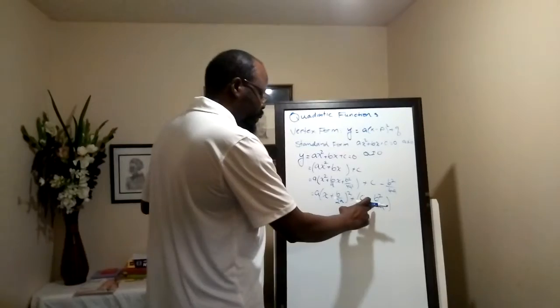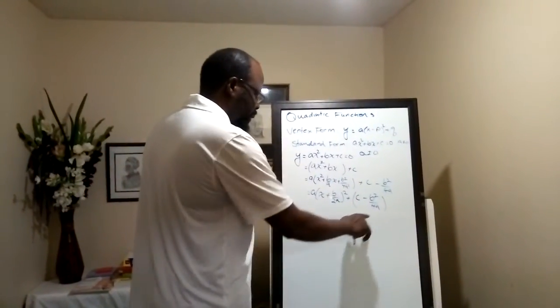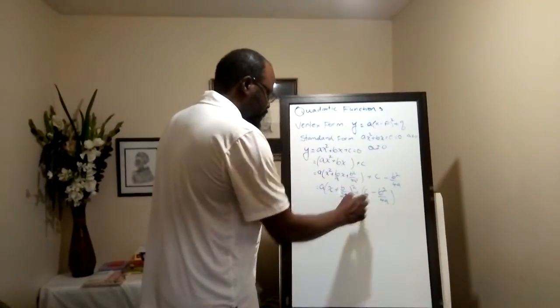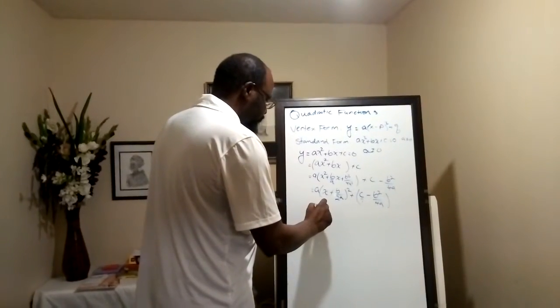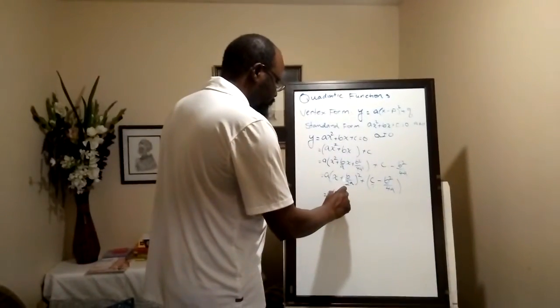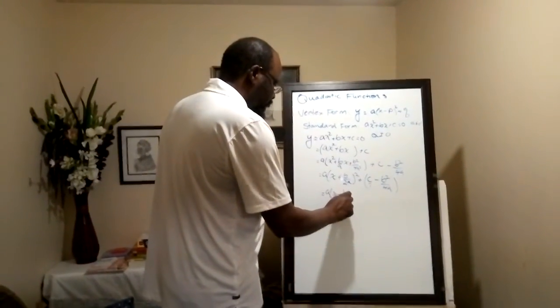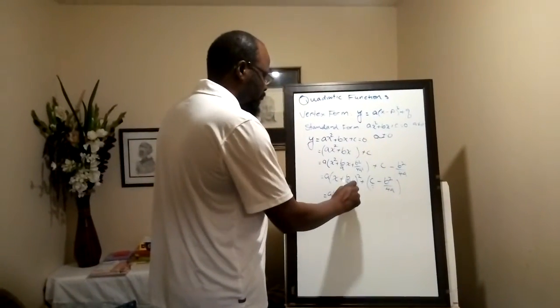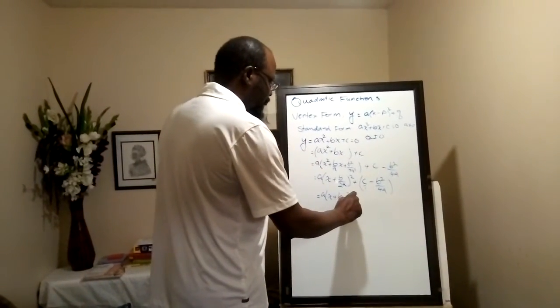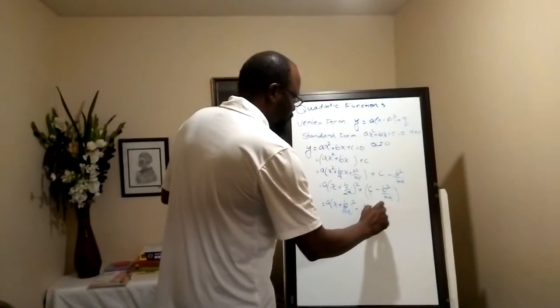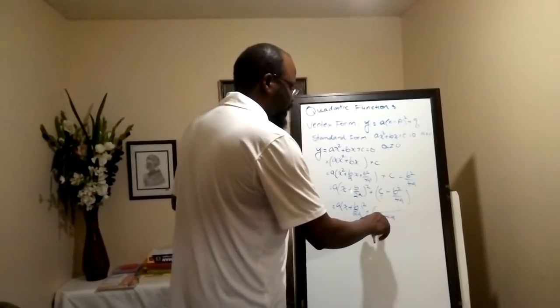Now our next step is to put this under a common denominator, which is 4a. We have 1 here, so we just write a(x plus b over 2a) squared plus, under one common denominator, 4a.